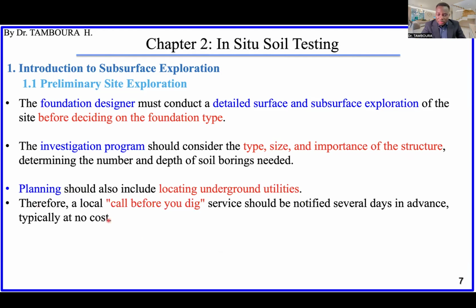So there is something we call "call before you dig." Okay, so there is a service, depending on the country you are in. In every country there is a service that knows the plan of the underground pipelines. So you can go and ask for this so that you know this place is safe to dig, or this place is not. If we dig we will reach an underground pipeline, something like that.